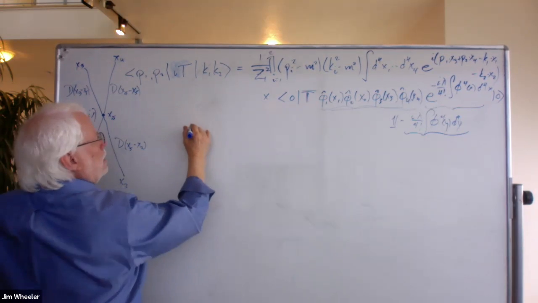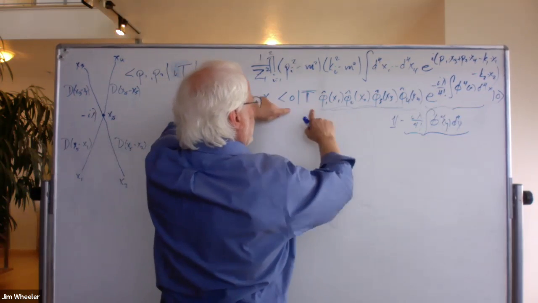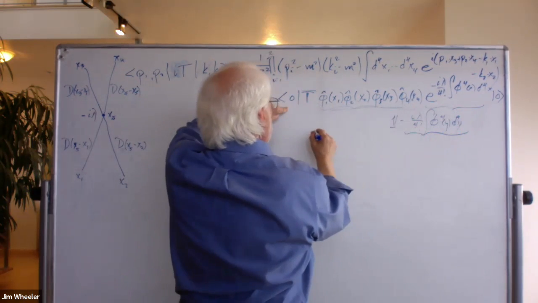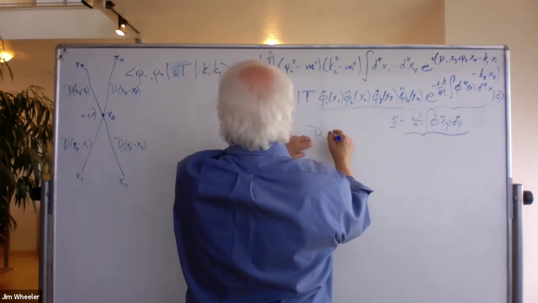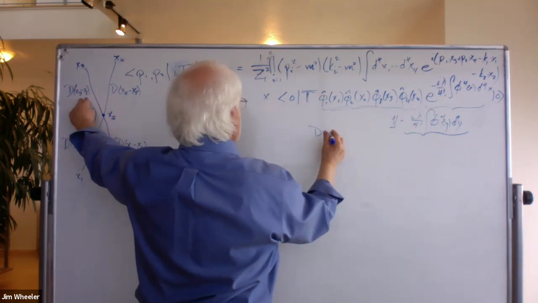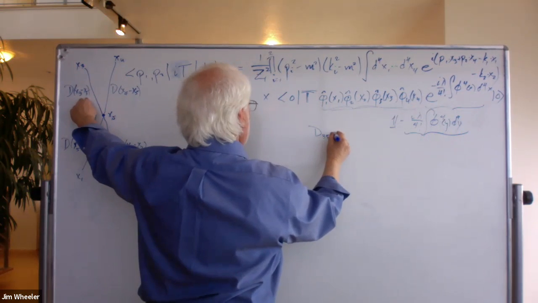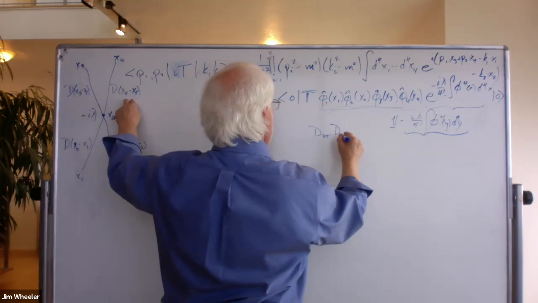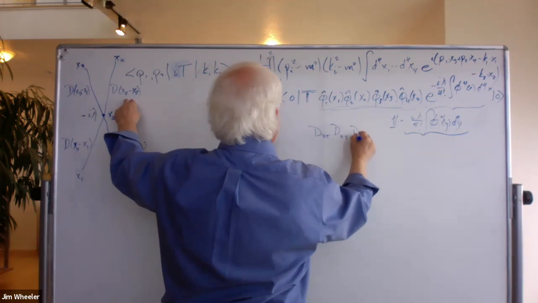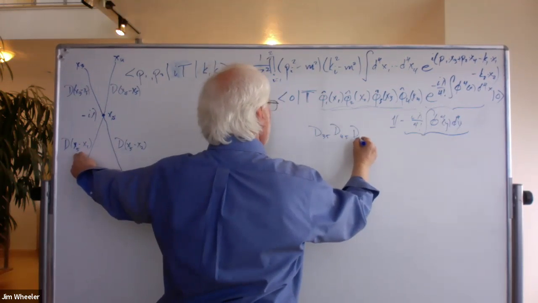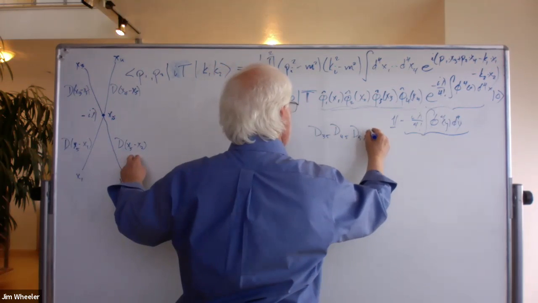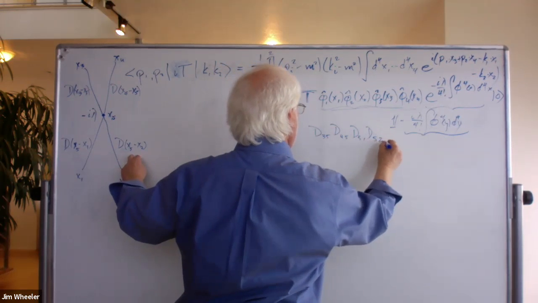And so this matrix element will reduce to d 3,5, d 4,5, d 5,1, and d 5,2.